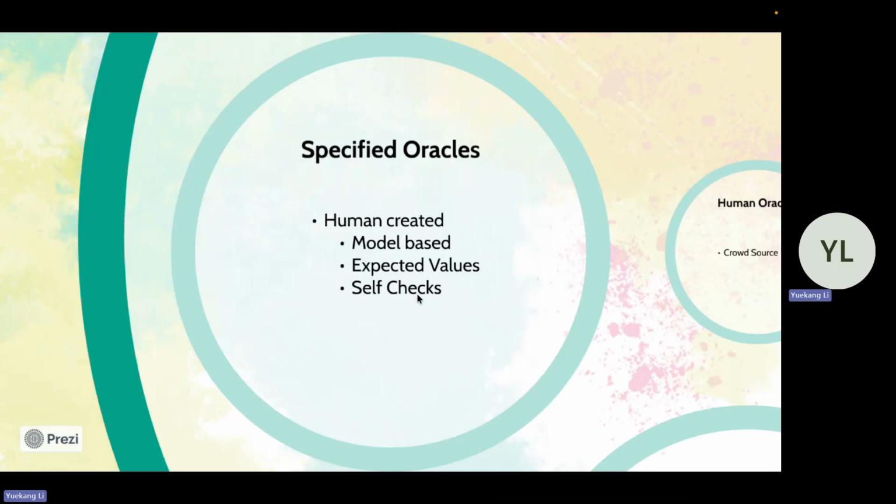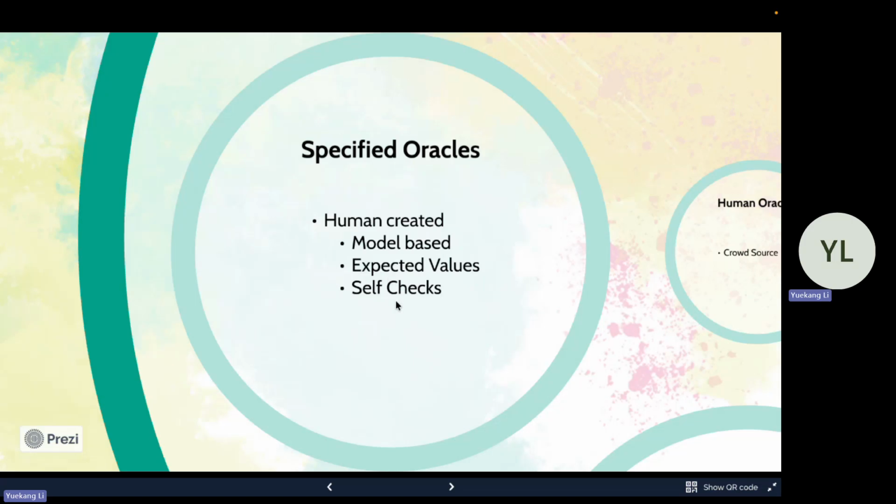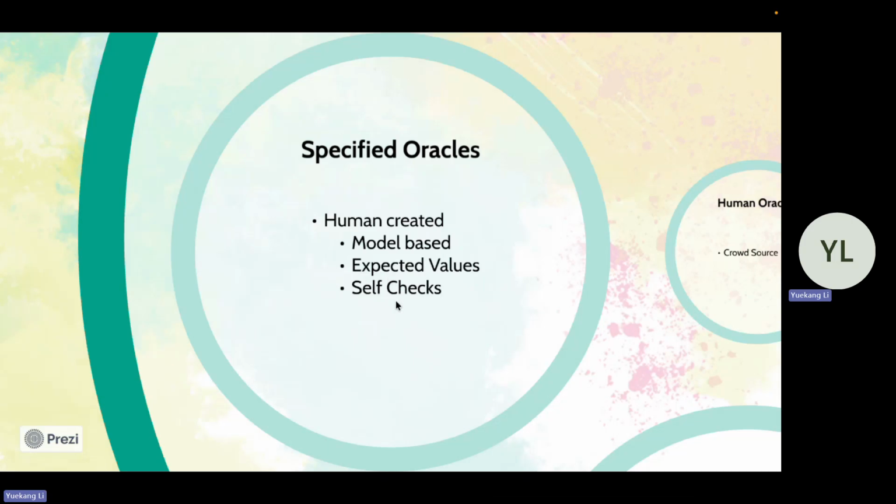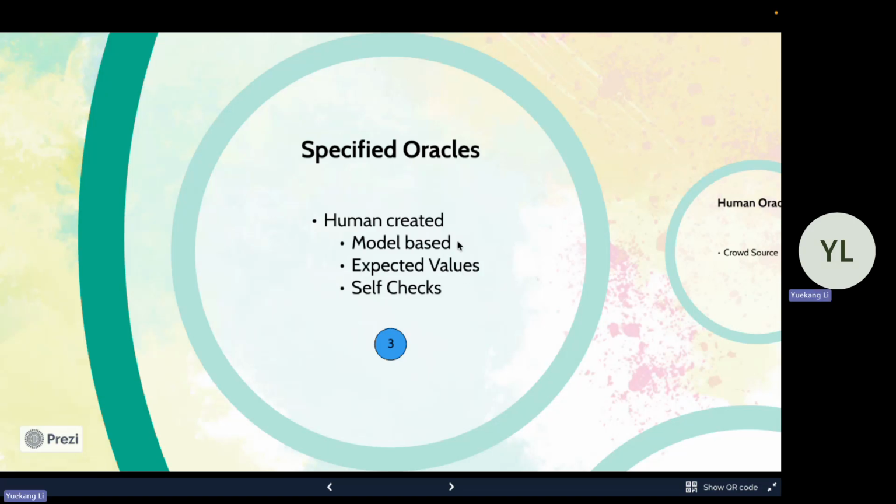And of course, if we are developers, we can also inject some assertions into the program when we write it as self-checks. And when we do testing, we just observe for assertion failures from outside. So these are the different types of specified oracles. You should be able to apply expected values and self-checks, except for the model-based oracle.